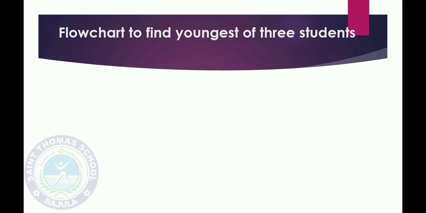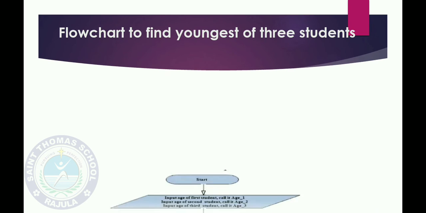If you compare student 1 and student 2 first, and student 1 is younger, you can't say student 1 is the youngest, because the third person is also there. So again you have to compare student 1 with student 3. If student 1 is still younger, then you can say that student 1 is the youngest one. We will understand it with the help of the flowchart.